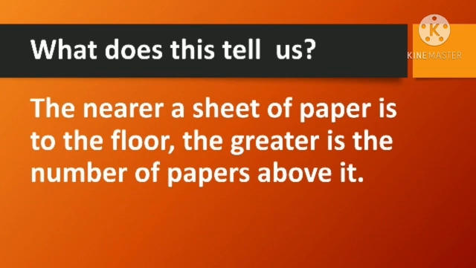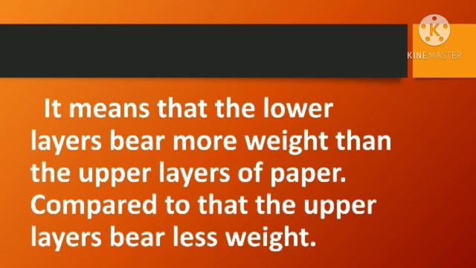What does this tell us? The nearer a sheet of paper is to the floor, the greater is the number of papers above it. It means that the lower layers bear more weight than the upper layers. Compared to that, the upper layers bear less weight.